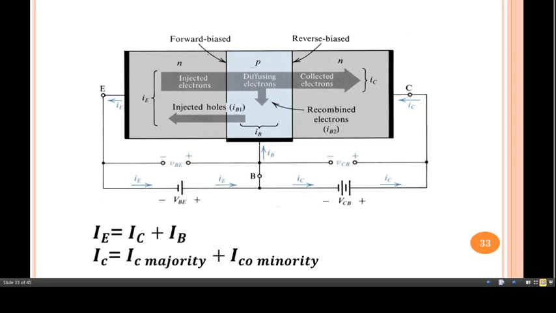IC majority current is generally in terms of milliampere, and IC minority current, also called leakage current, is in microampere or nanoampere.